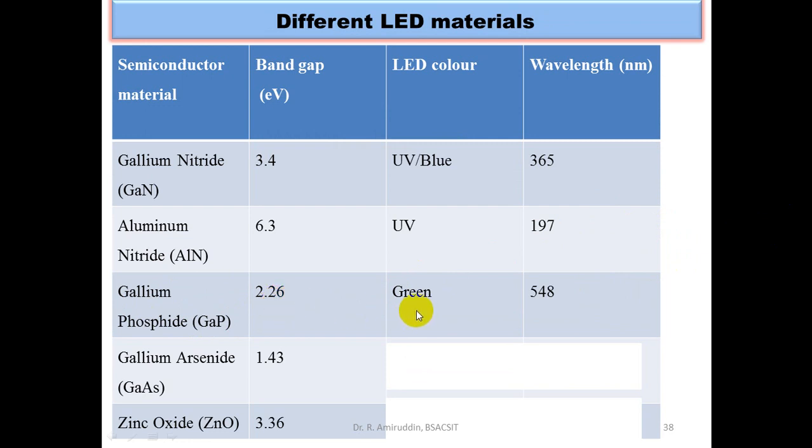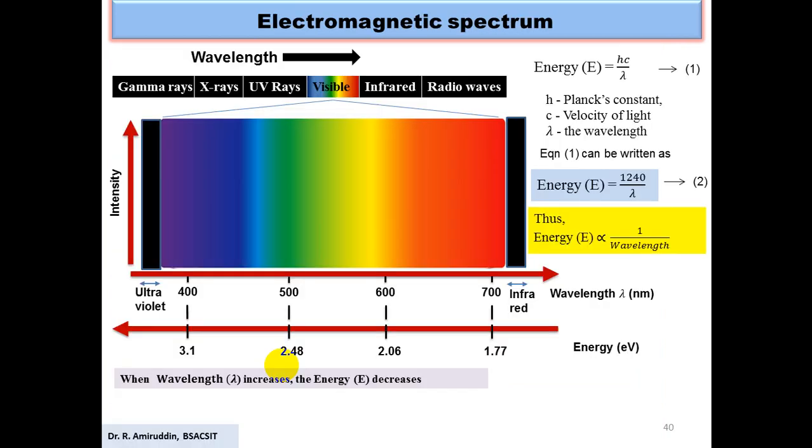Let us see one more example of gallium arsenide which has the band gap 1.43 electron volt, and let us place this 1.43 over here in the electromagnetic spectrum. The 1.43 lies approximately in this region, and this region corresponds to infrared light.